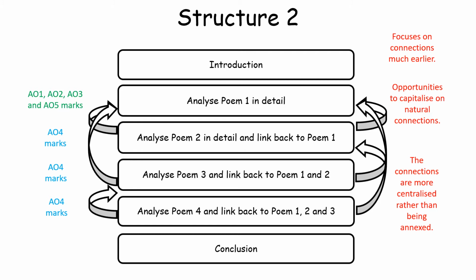Now, while structure 2 does have a lot of positives, I think the biggest drawback is there's a potential to get lost as the essay develops, and you might lose your central argument because you're too busy dotting back, you know, moving from one place to another, talking about poem 1 and then ending up with poem 3 and then 2 comes in and then we end up with... There are a lot of ways to get lost in this type of essay. Structure 2 can work if done well, but it can be quite complicated.